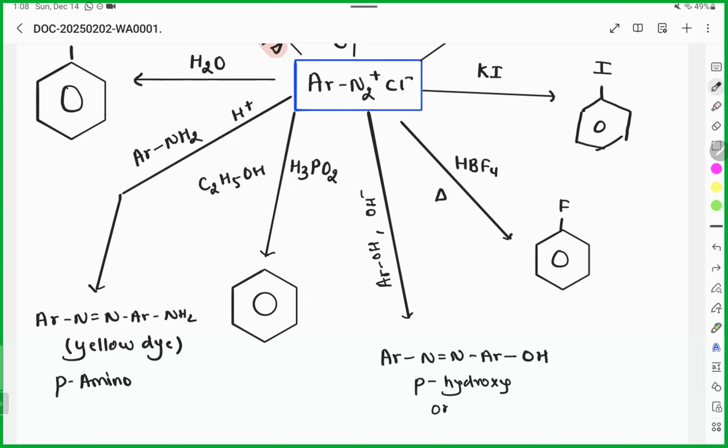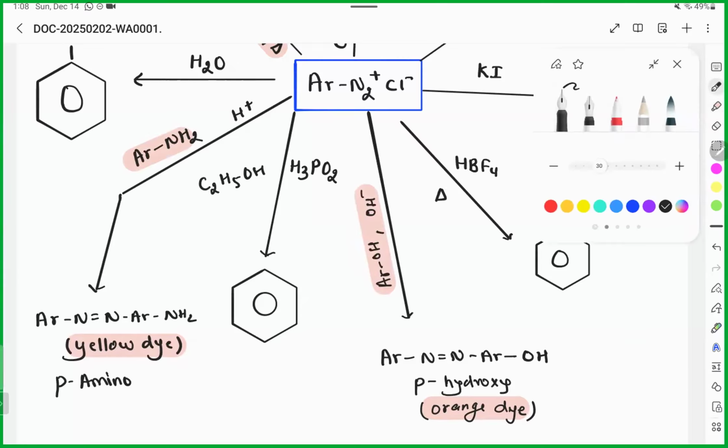Why do I always make mistakes in the orange dye? Orange dye. Done. And with this, we are done with everything. I will also write, this is the coupling reaction.